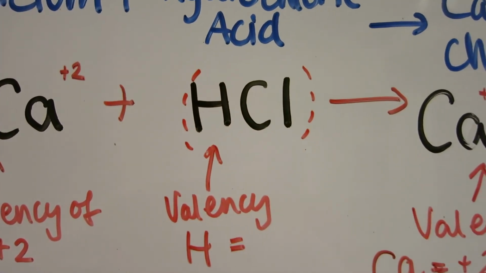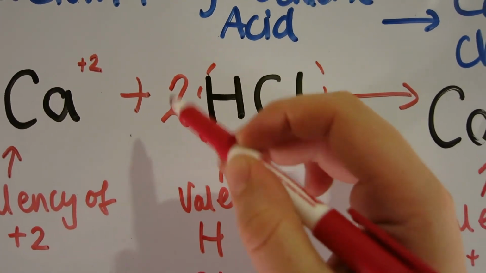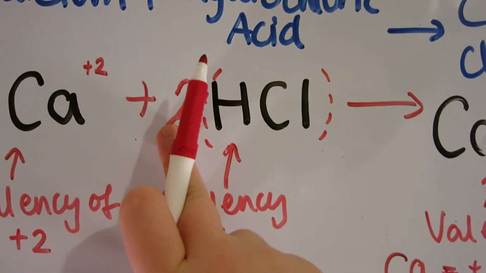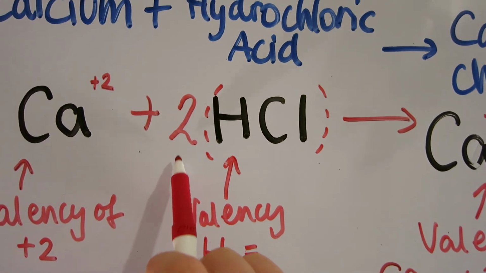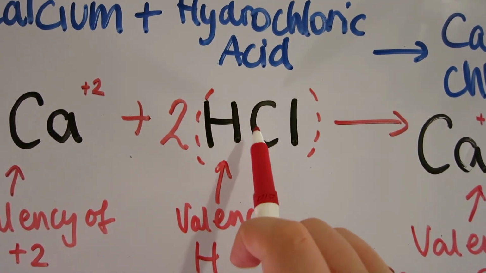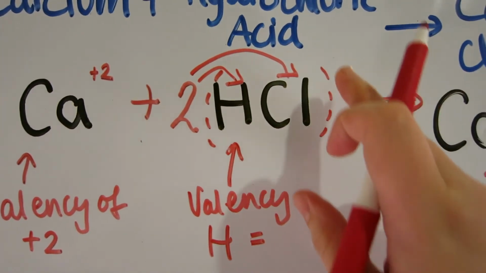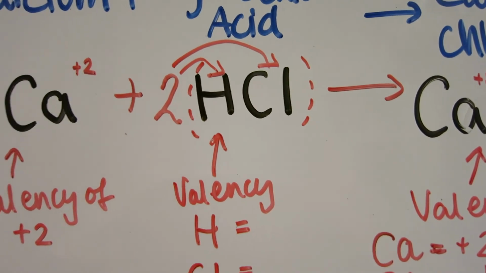Just like an equation, we're going to put our number, our coefficient, sorry, out the front. So our 2 here means that there's 2 hydrogens and 2 chlorines. So 2 hydrogens, 2 chlorines. Remember, these brackets are invisible.